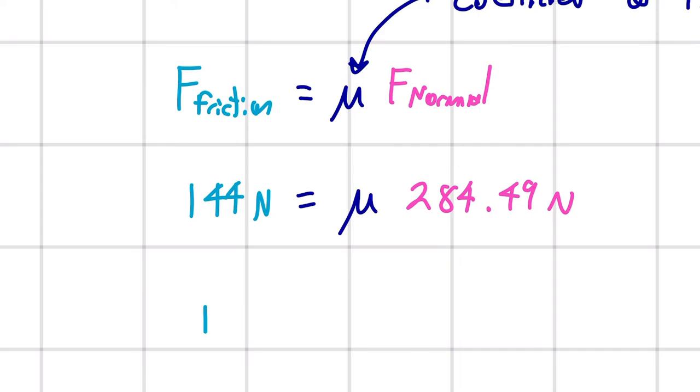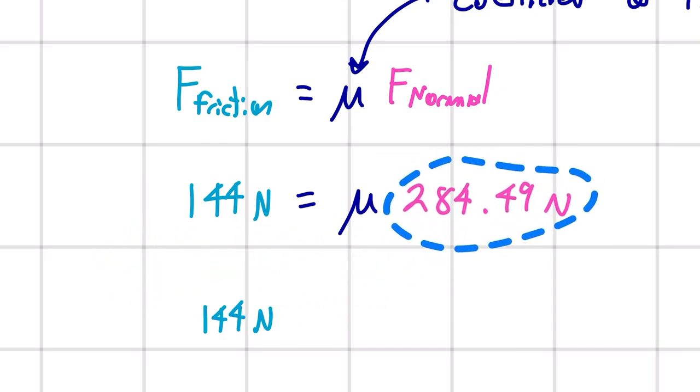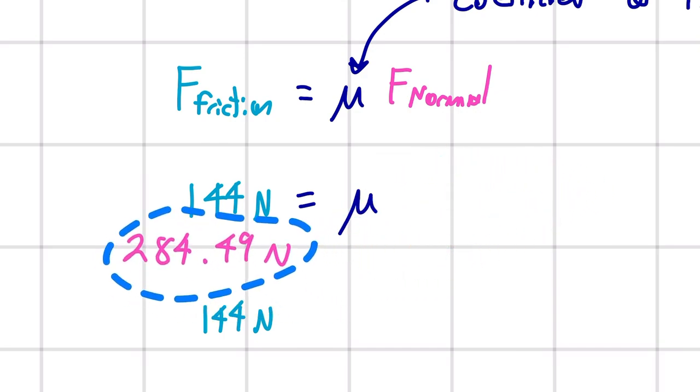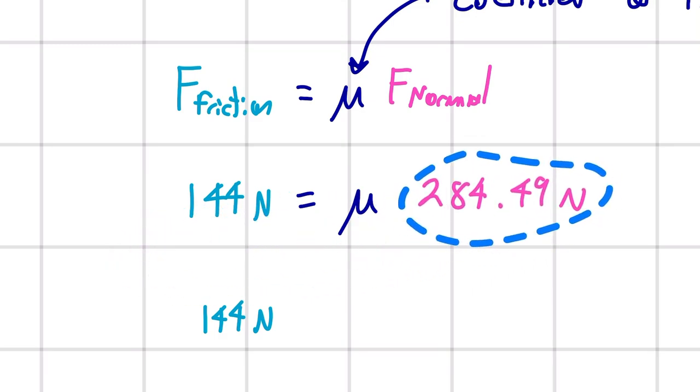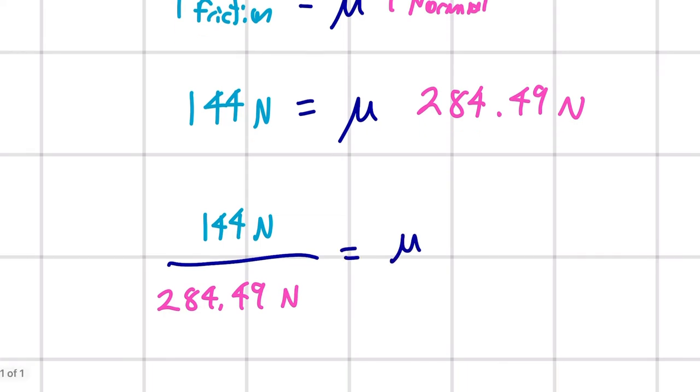And then all we have to do is bring this value to the other side of the equation. And since it's a multiplication here, we're going to bring it to the other side as a division. So 144 newtons over 284.49 newtons is equal to mu.